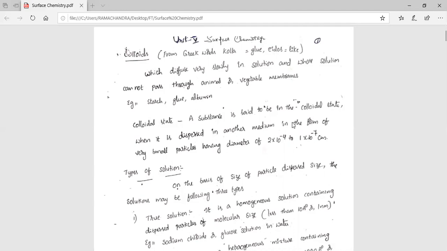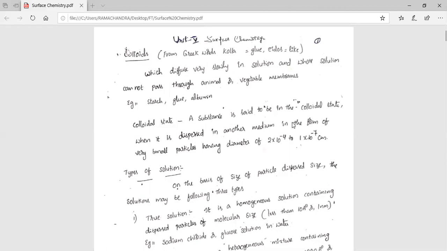So one is solid and liquid interface, solid and gas interface, solid and vacuum interface, liquid and gas interface. So it is defined as the study of chemical reactions at interfaces. So we study the interface of two phases.